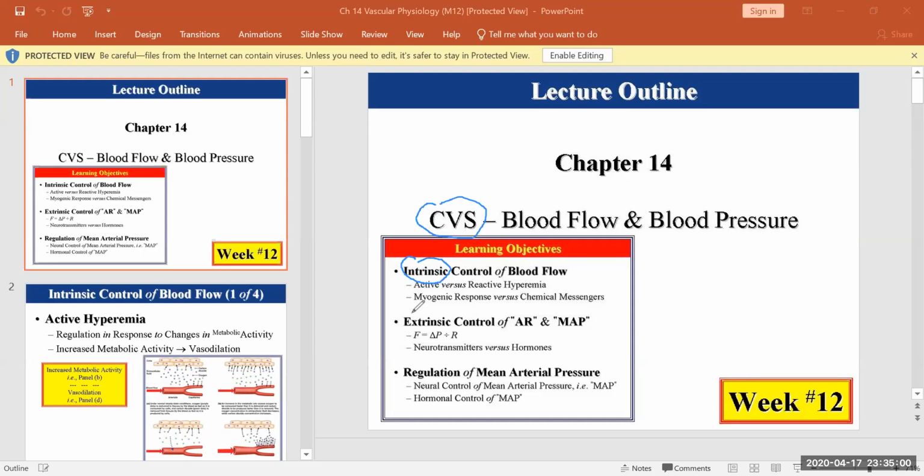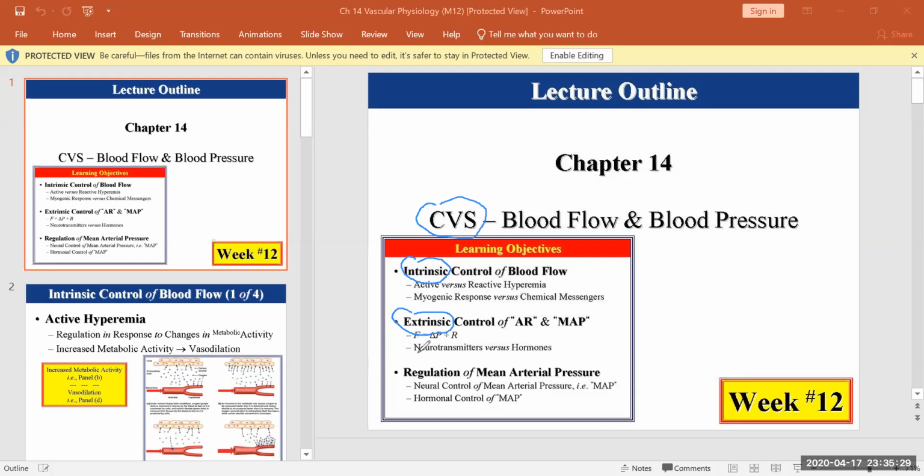The other factors outside the cardiovascular system, we call extrinsic factors. These factors come from the nervous system, and also from the endocrine system. So two additional organ systems outside of the cardiovascular system come in to have a say, to have a control, to have a regulation of how fast or how slow your blood will flow, okay?